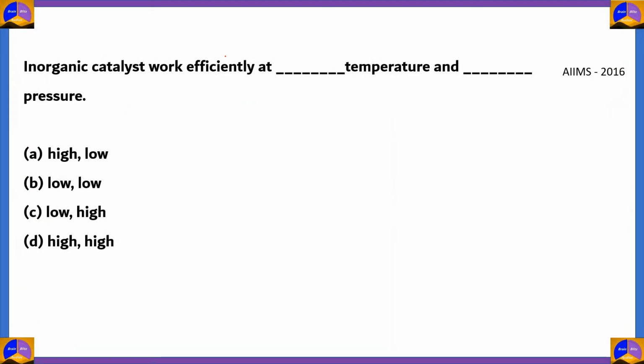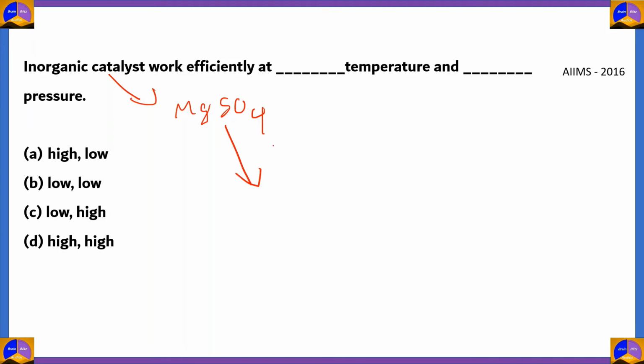Next question. Inorganic catalysts work efficiently at dash temperature and dash pressure. We should find out whether they're at high temperature, low pressure, low temperature, low pressure, low temperature, high pressure, or high temperature and high pressure. So let's take an example of an inorganic catalyst, MgSO4.